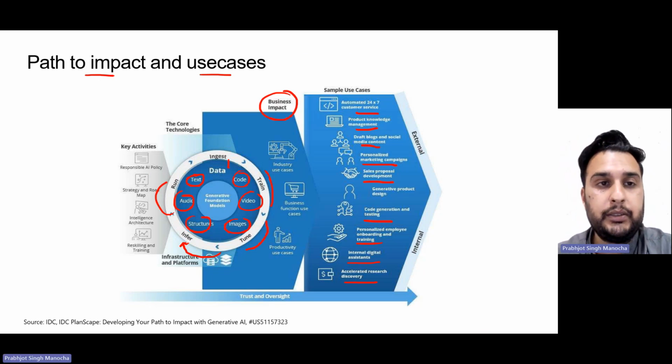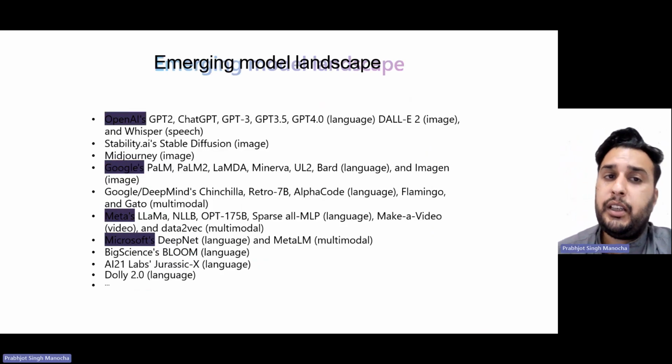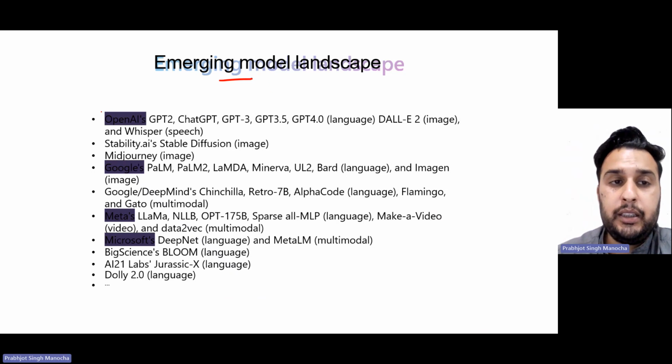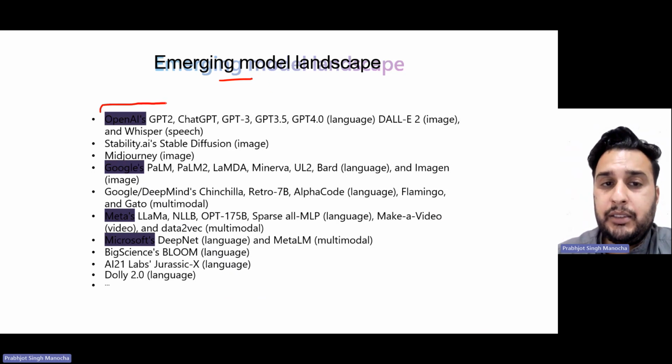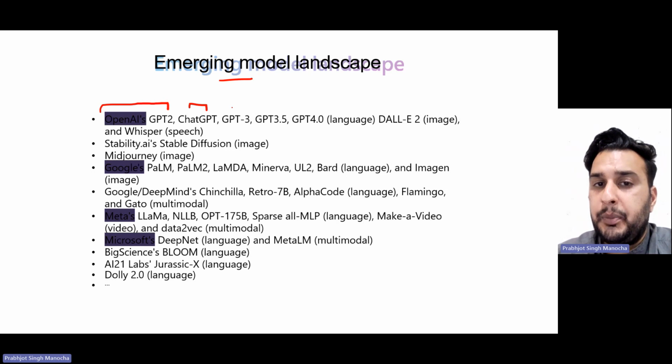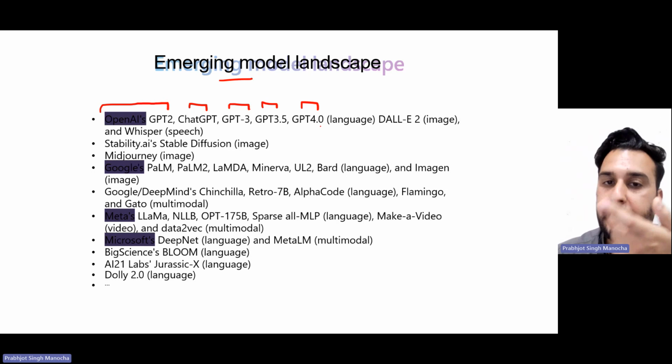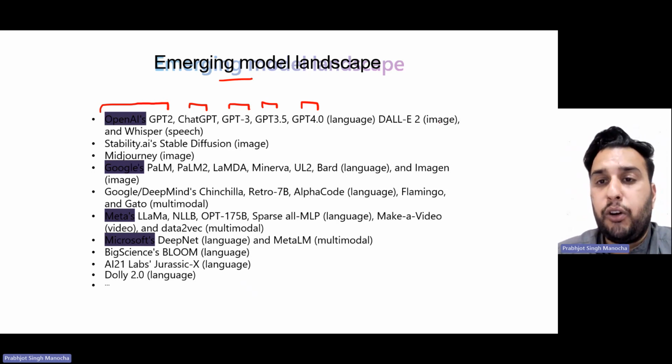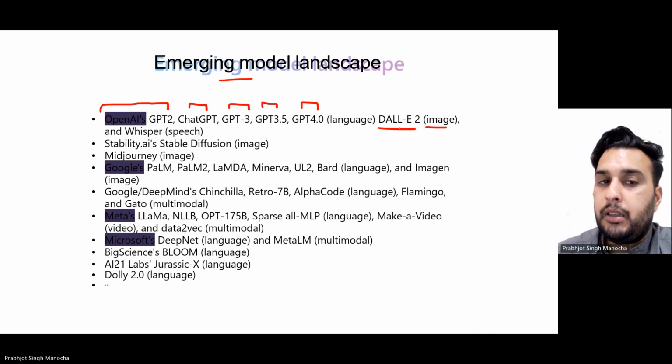So there are different emerging models and landscapes, including OpenAI's GPT-2, ChatGPT, GPT-3, 3.5, 3.4, for the purpose of generating text. Whereas in order to generate images, yes, we have these applications: we have Whisper, DALL-E, right?